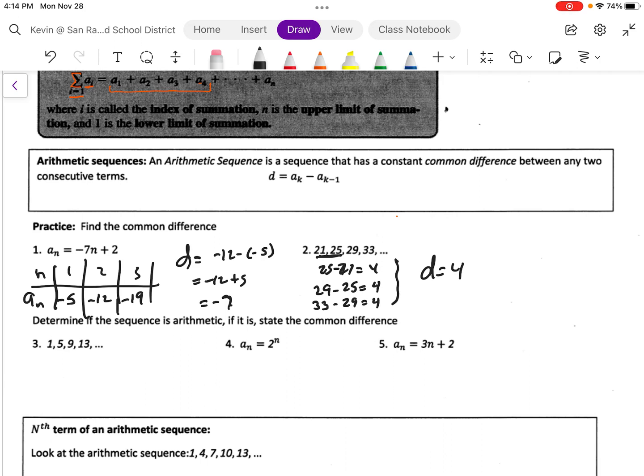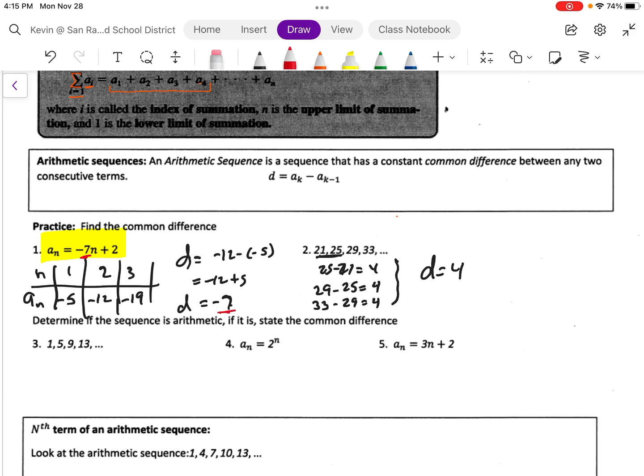We can try that for the other terms and get the same thing. So d equals negative 7.